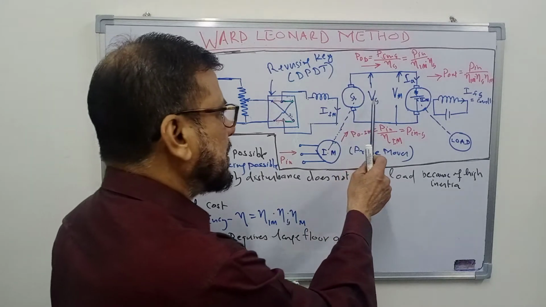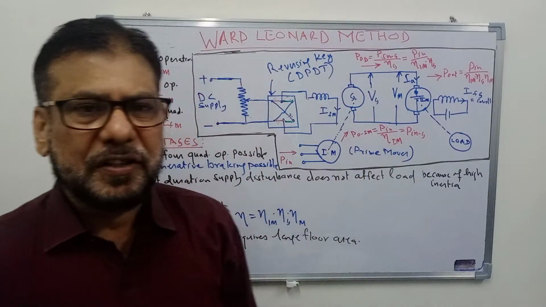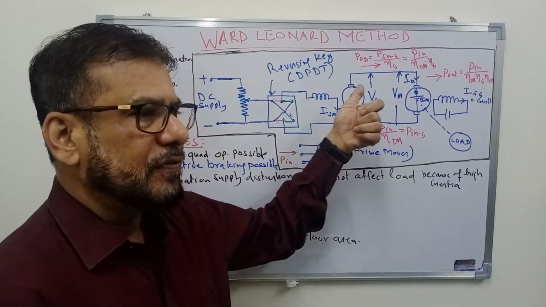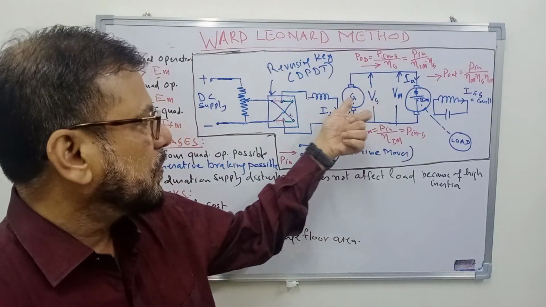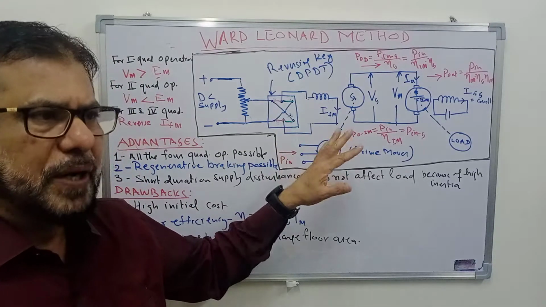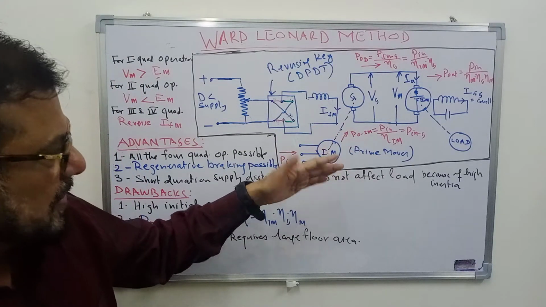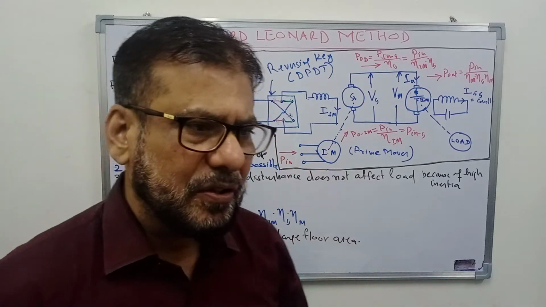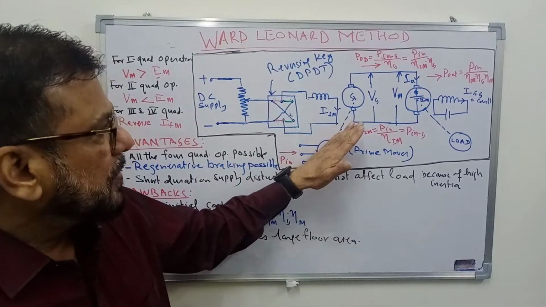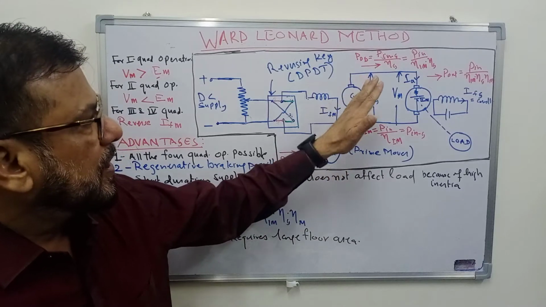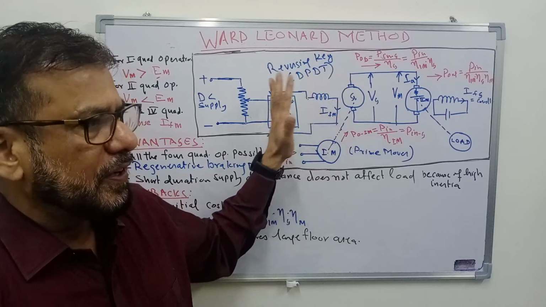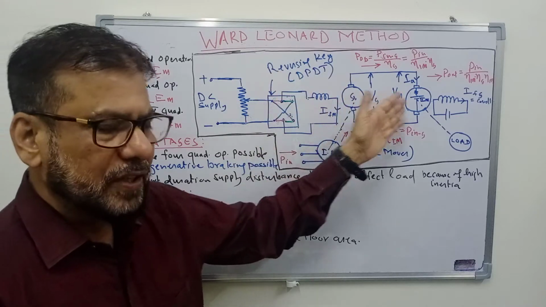And the voltage of the DC generator will depend on the speed, and it will also depend on the flux produced by the field winding. Speed of the induction motor will remain practically constant. This induction motor, you know that it is almost a constant speed motor. So speed will be basically constant. The flux you can vary. Depending on the flux, the voltage will vary.